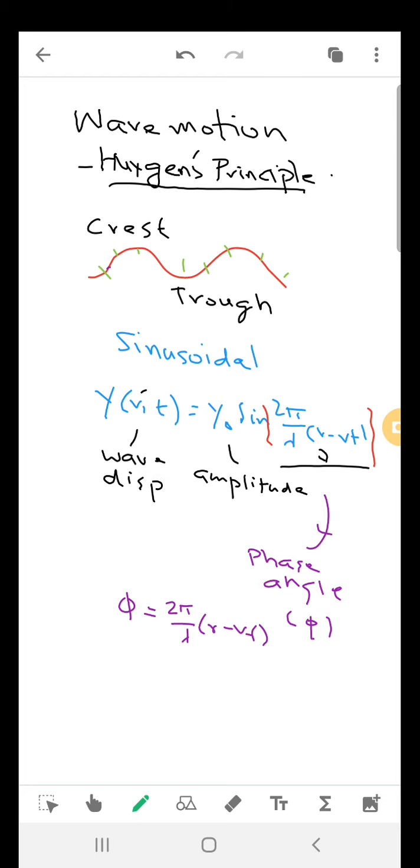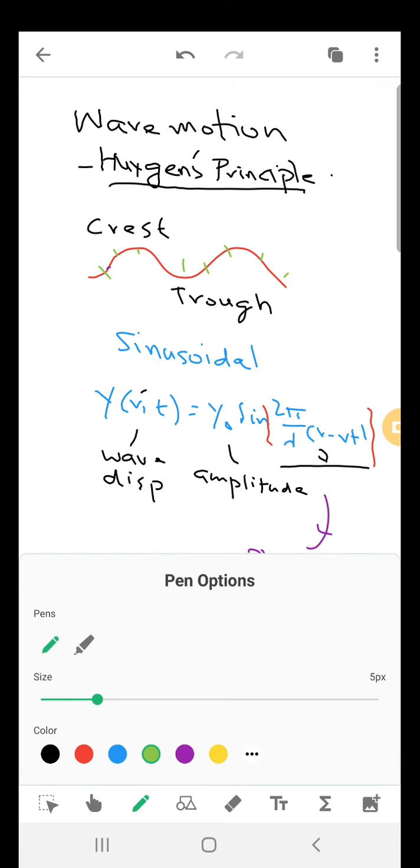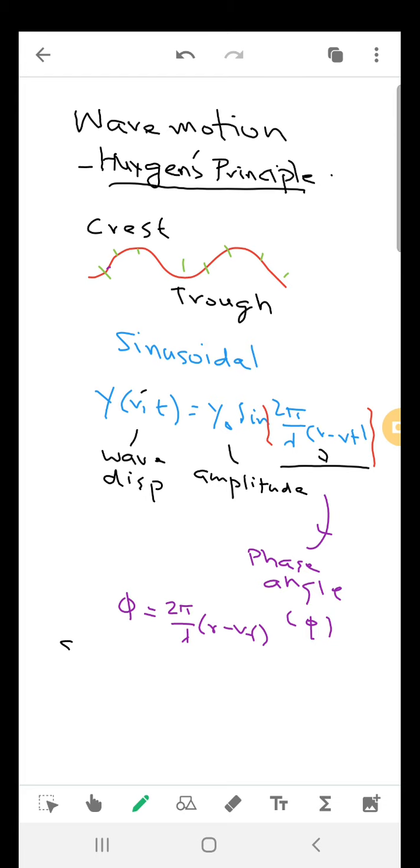So for successive wavefronts, by wavefronts we mean a particular value of phi.